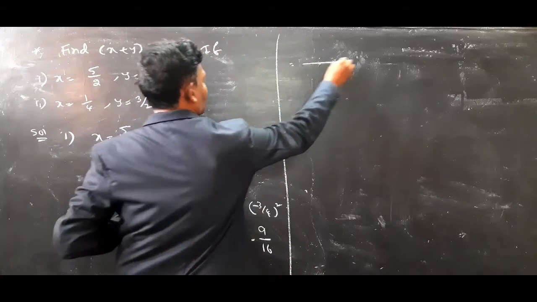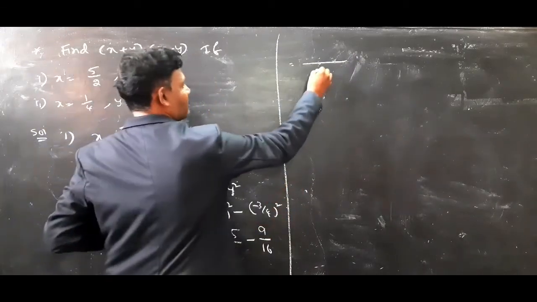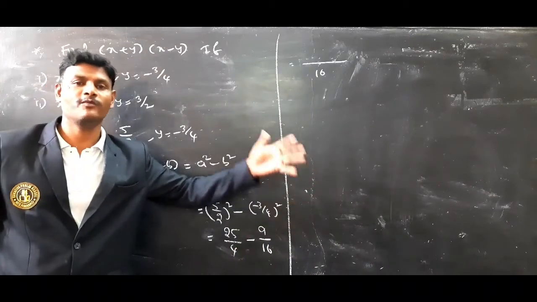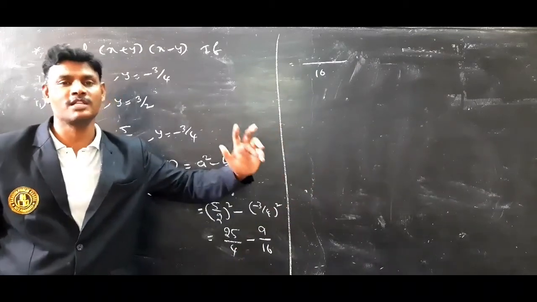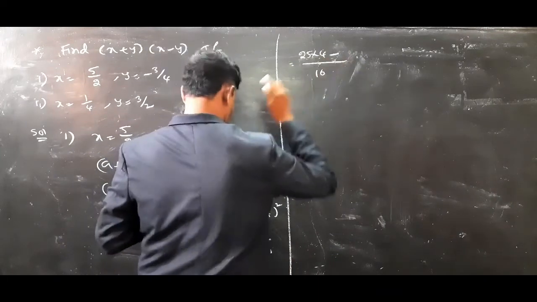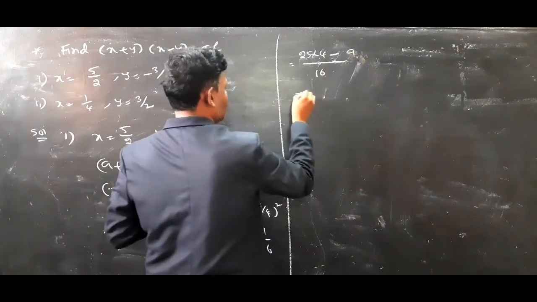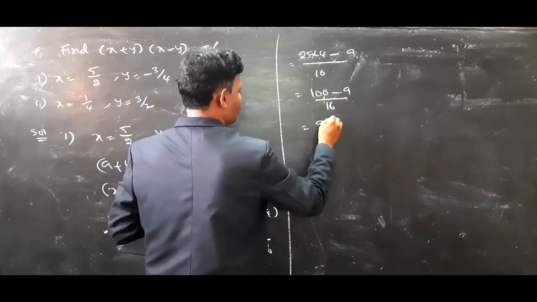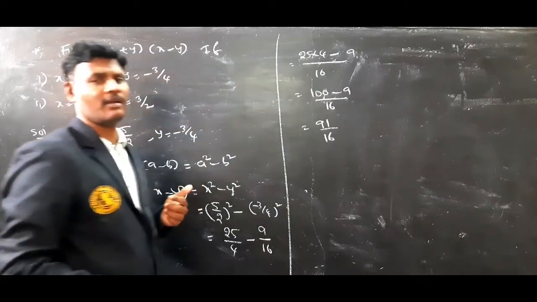What is the LCM here? 16. In the 4 table, 16 goes 4 times. 4 1s are 4, 4 2s are 8, 4 3s are 12, 4 4s are 16. So what we can write? 25 into 4 minus 9, that is 100 minus 9 by 16. What is the answer? 91/16.